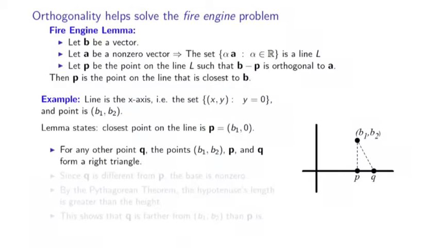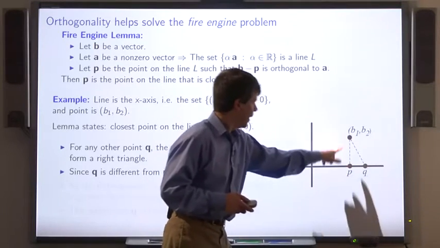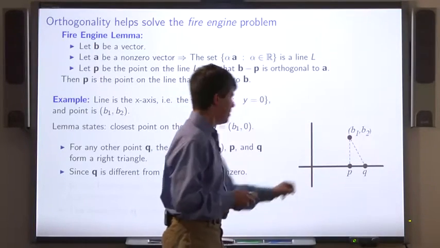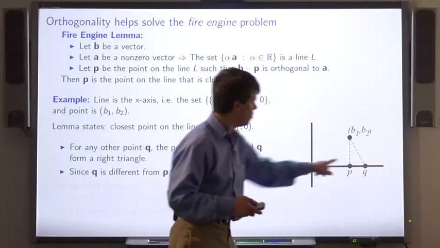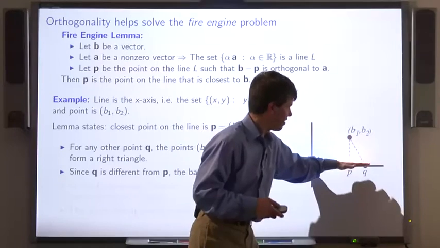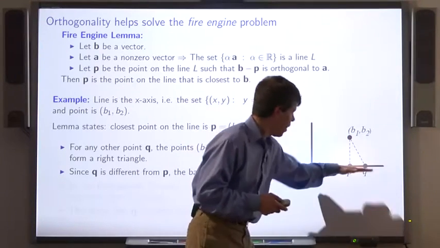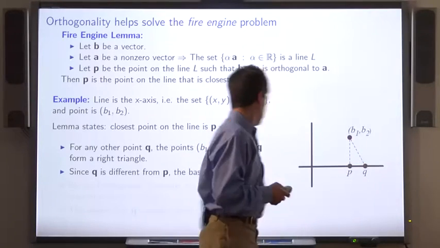For any other point Q, these 3 points form a triangle. Now, it's a right triangle because we chose P so that B minus P is orthogonal to this line. Since Q is different from P, the length of the base is non-zero.